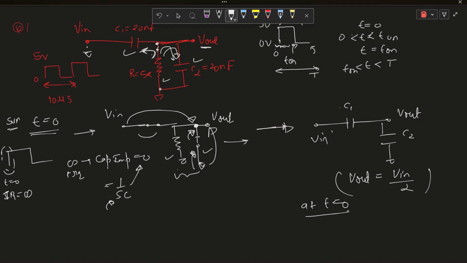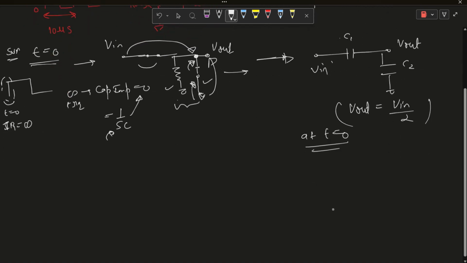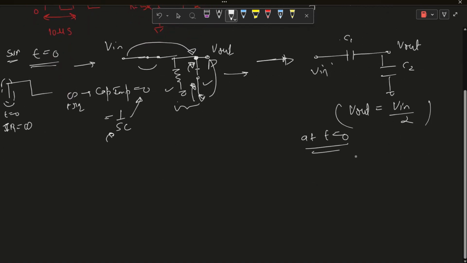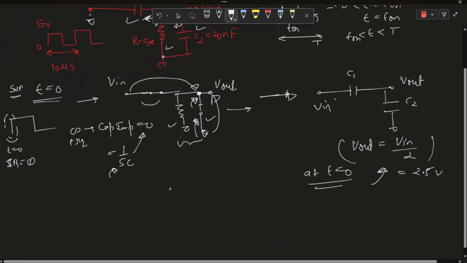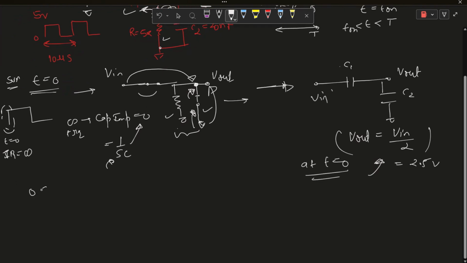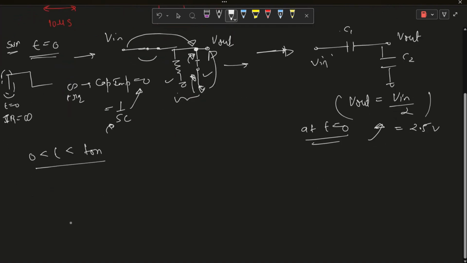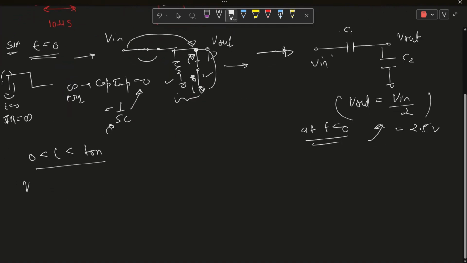So at t equals 0, V out is V in by 2, which is 2.5 volt. Now this time frame is done, and we go to the 0 to t on time frame. We draw the circuit.